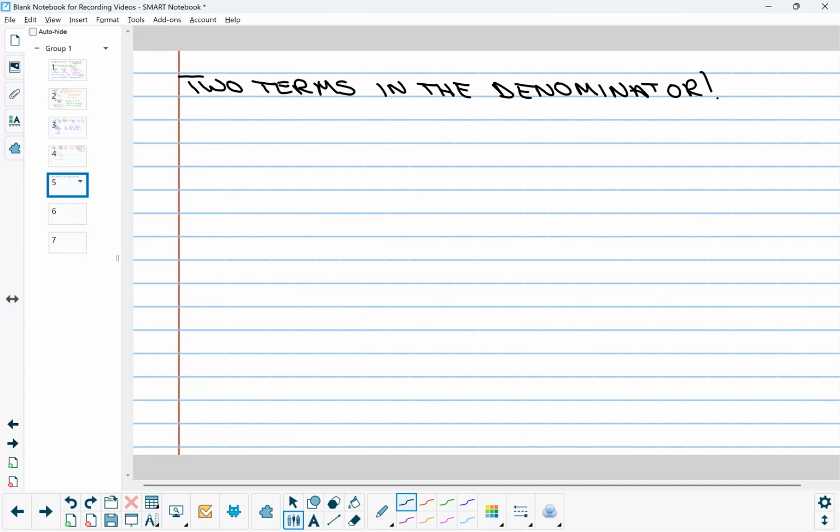So here's what we're going to do. We are going to use something called the conjugate. And the definition of the conjugate is the denominator with the middle sign changed.